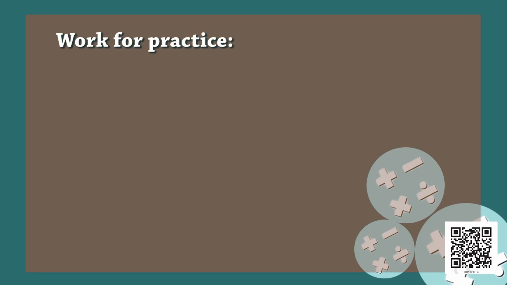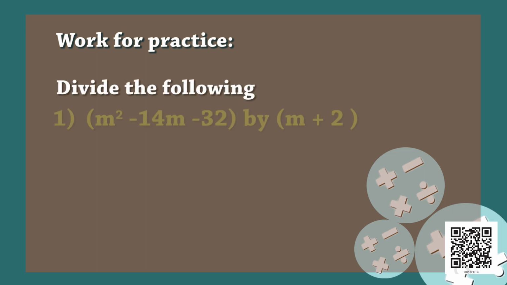In this way, from the given algebraic expressions, by considering their common factors, which are equivalent to the corresponding common factors of the denominator, and cancelling them, we can perform the division of the given two algebraic expressions. For your practice, I am giving some more problems. Work for practice. Divide the following: 1, m square minus 14m minus 32 by m plus 2.